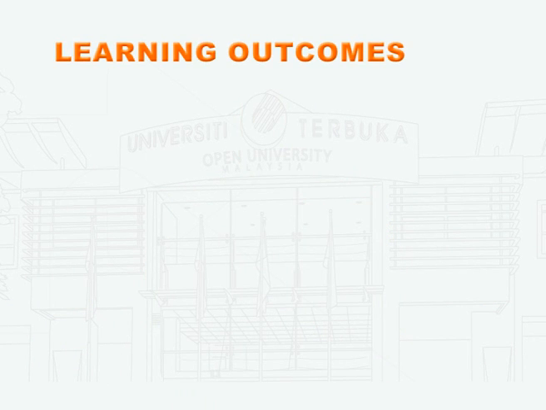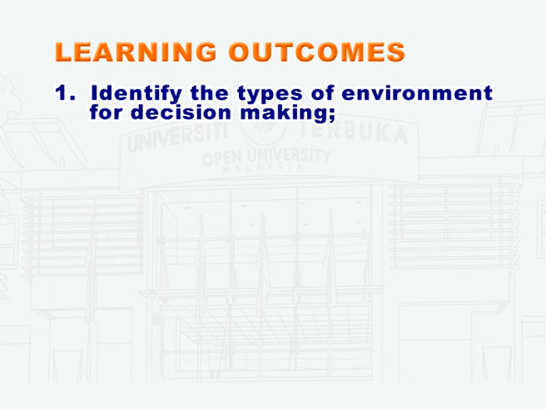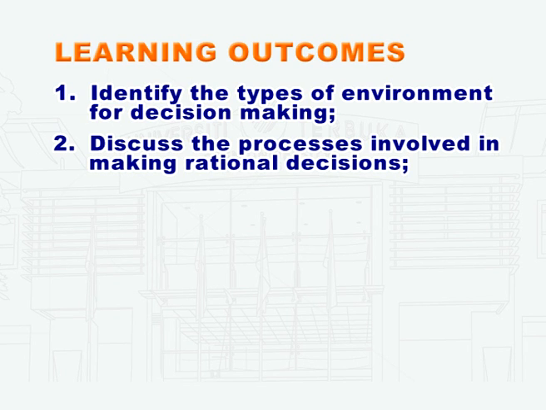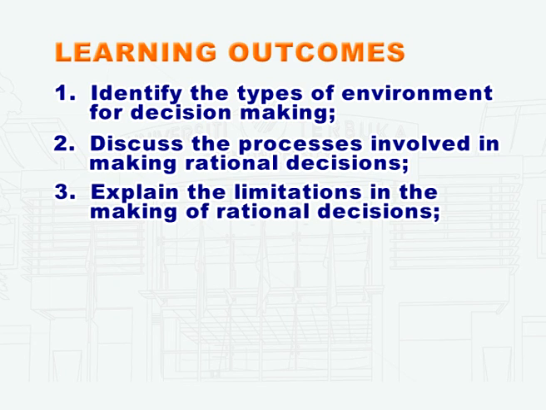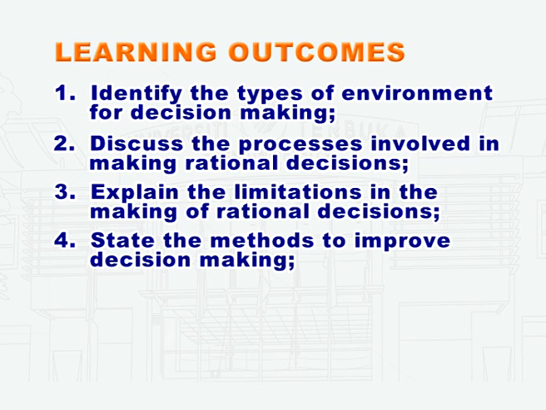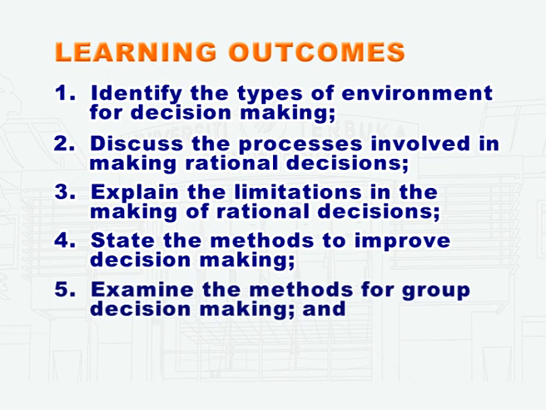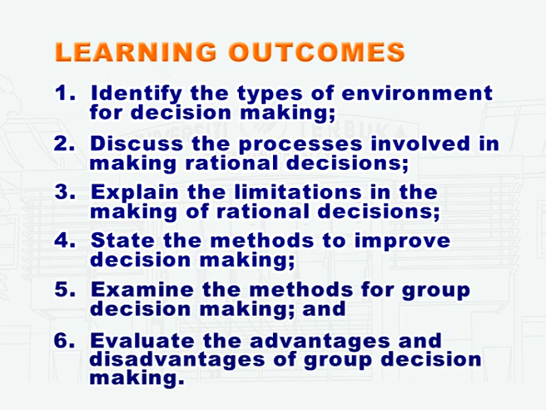And today, I will go through with you some very important aspects of decision making which are covered in topic 3 of your module. By the end of this video, you should be able to identify the types of environment for decision making, discuss the processes involved in making rational decisions, explain the limitations in the making of rational decisions, state the methods to improve decision making, examine the methods for group decision making, and evaluate the advantages and disadvantages of group decision making.